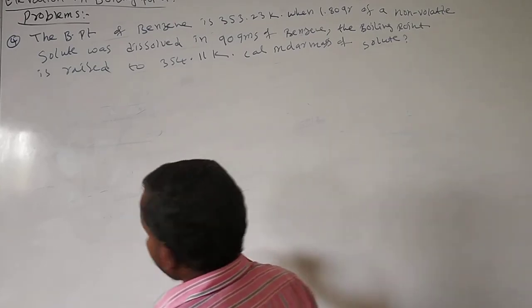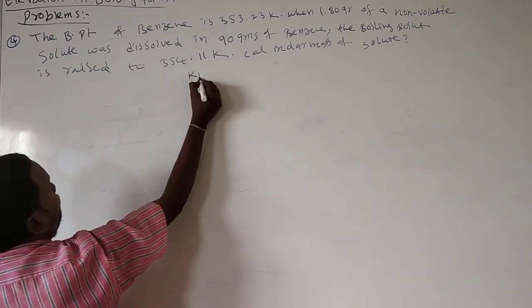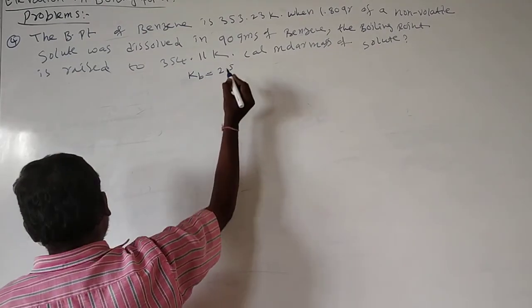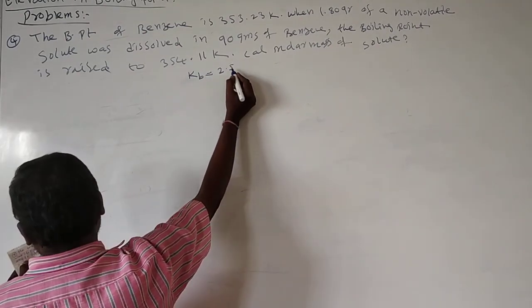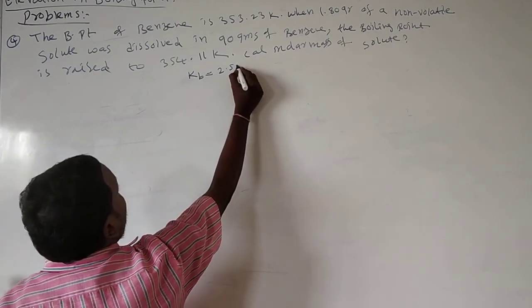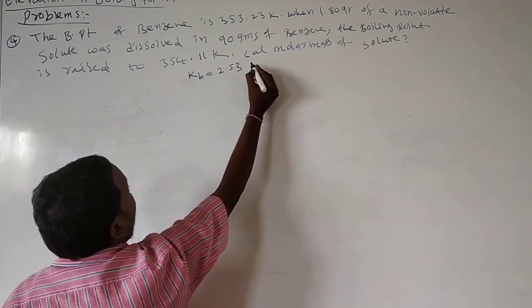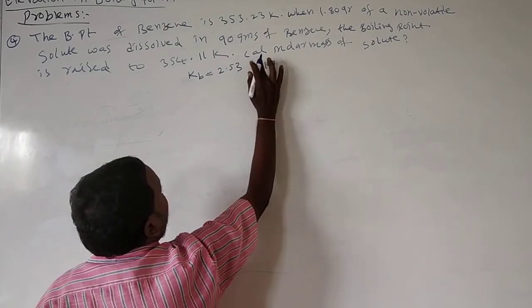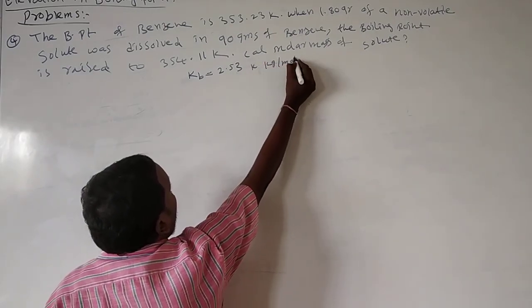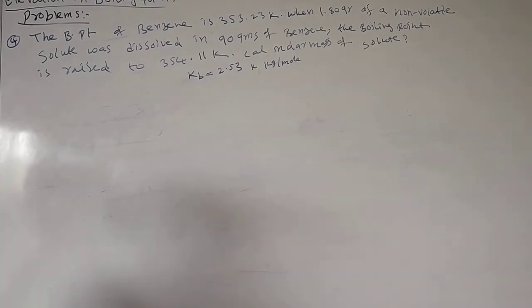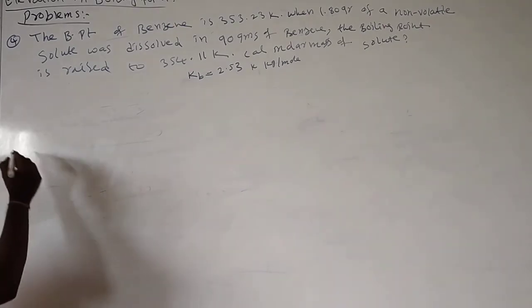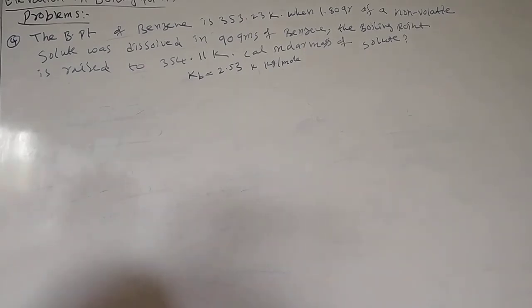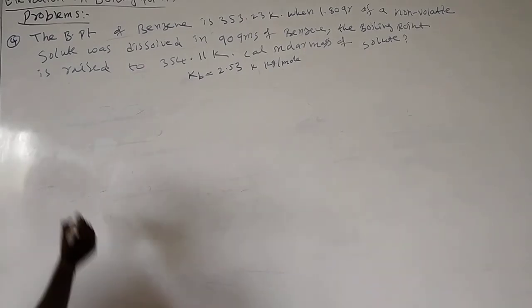This is the problem. Kb is equal to 2.53 Kelvin kg per mole. What is the principle here? Calculate the molar mass, same principle.